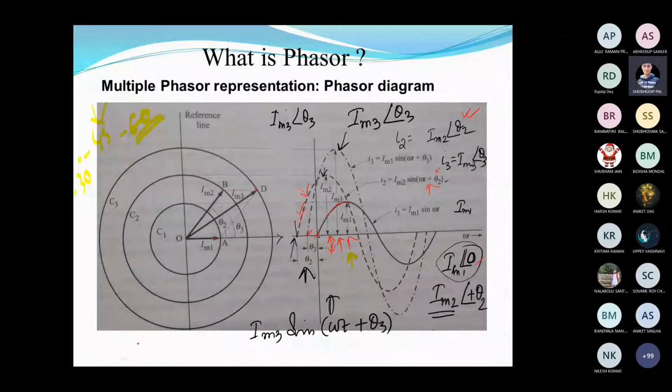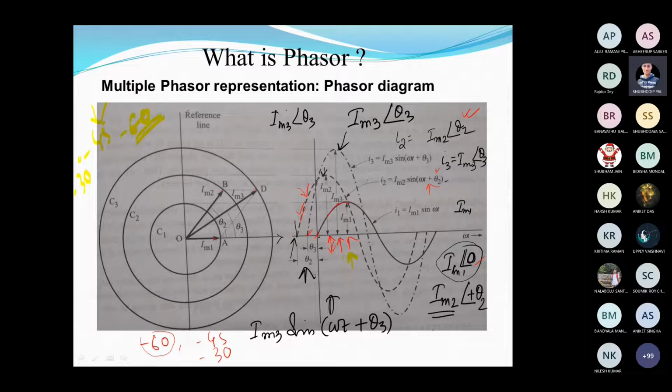All right. I told that say minus 60 degree, minus 45 degree, minus 30 degree, all are negative. But which one is most lagging? Minus 60 is most lagging. So minus 60 is lagging with respect to minus 45, but minus 45 is leading with respect to minus 60. It is like you and your friends: someone is ahead of you and someone is behind you.